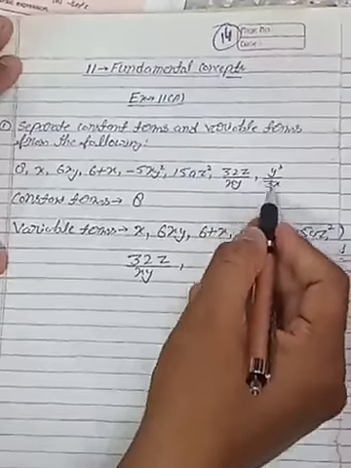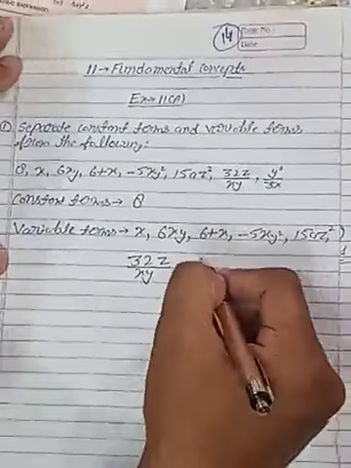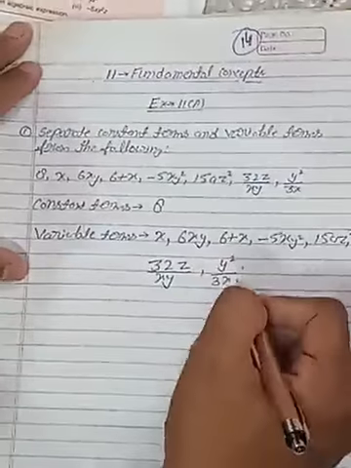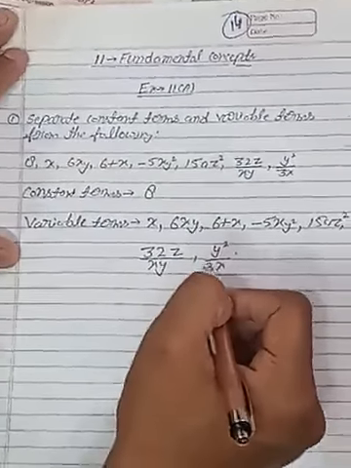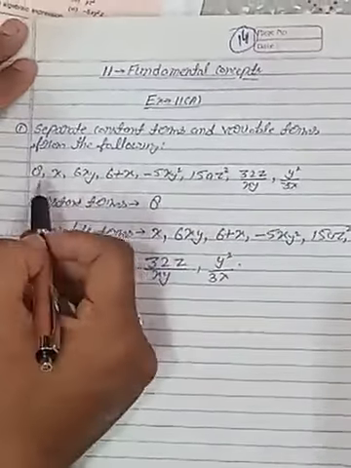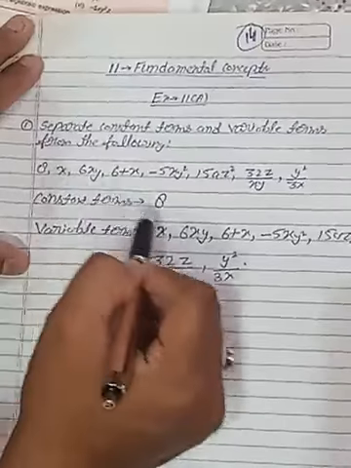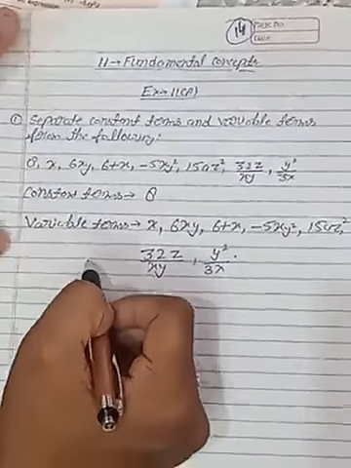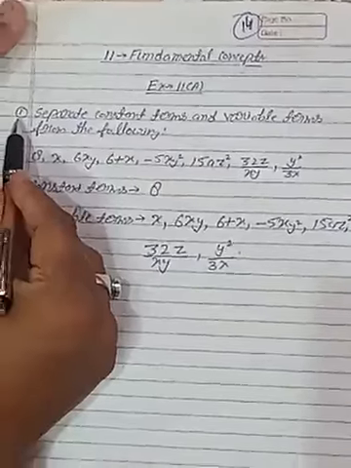Then y square upon 3x is also variable because y and x both do not have any fixed value. So students, only one term is constant, that is 8. So we have now separated the constant terms and variable terms of that first sum.